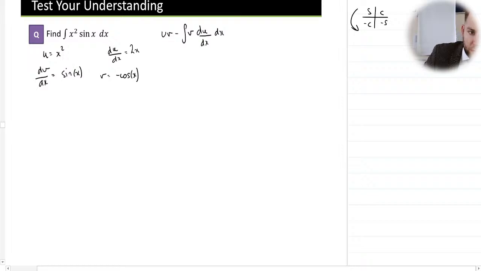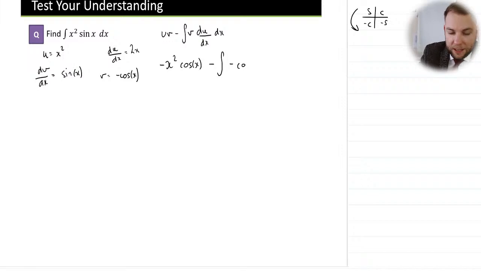So u is equal to x squared, so it's going to be x squared times minus cos of x minus the integral of v, which is minus cos, times du, which is the 2.